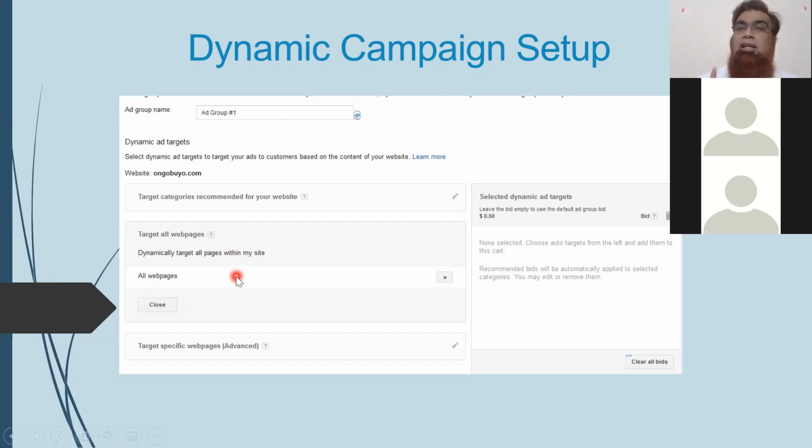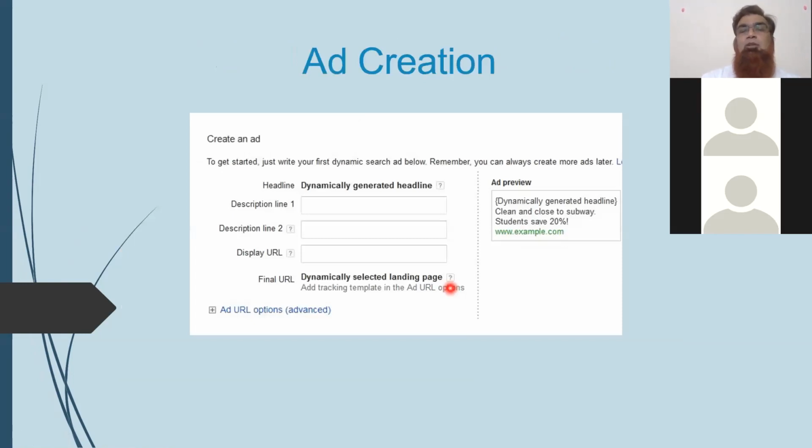Or if you want to target only one single page, you can choose that from the drop down and select which page. Once you are done with this, you will reach this interface where you can see dynamically generated headlines.